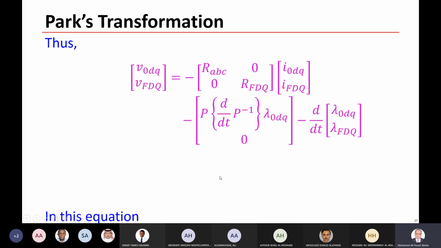So you have here B, the derivative of B inverse times this, and when you have B times B inverse, it will be the identity matrix. So it comes here to d by dt times the flux linkage.